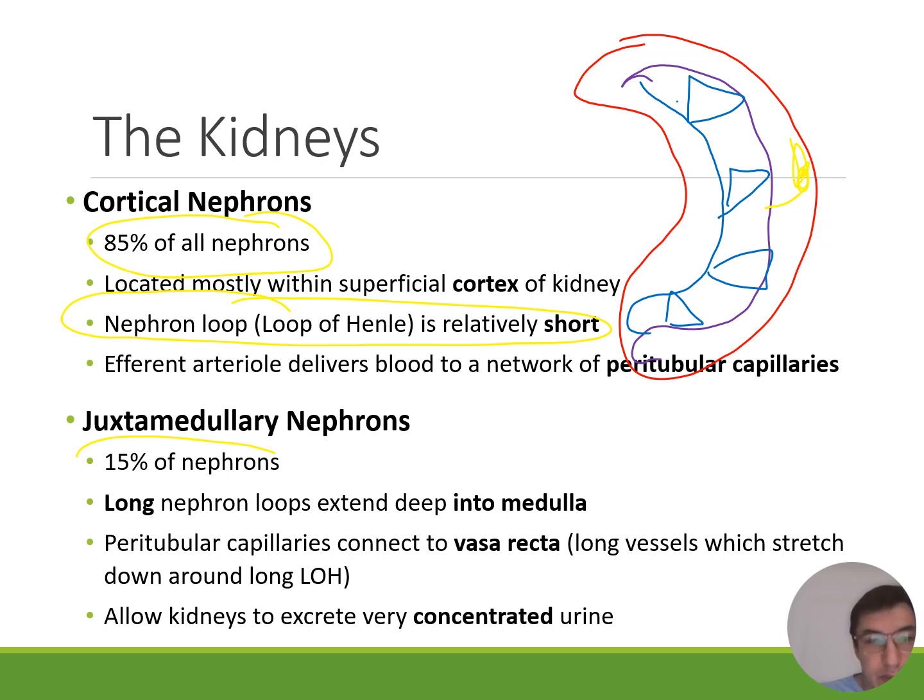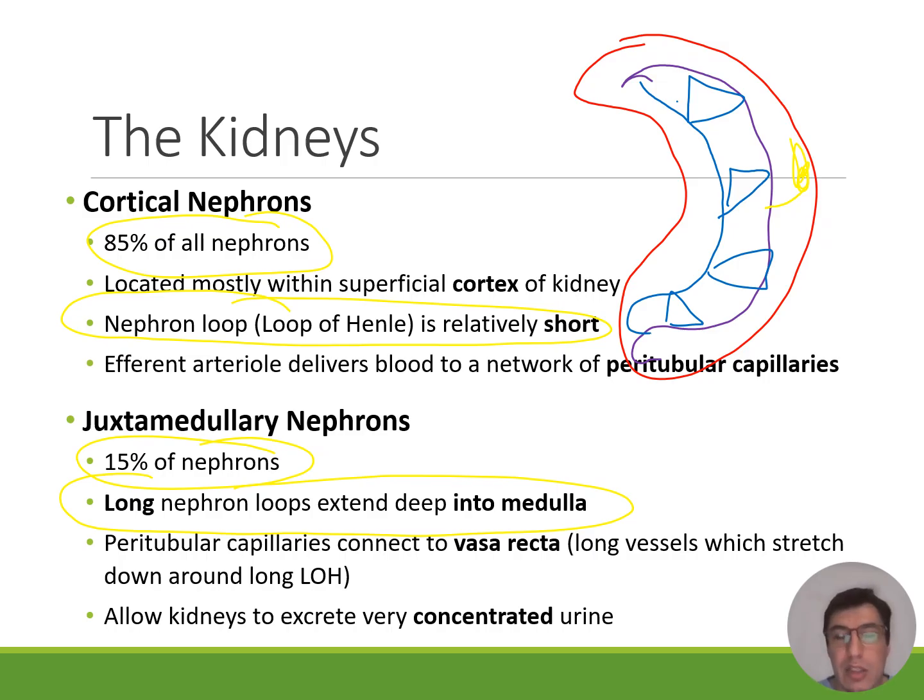There are fewer of them, and they have a nephron loop that extends into the medulla. This is helpful because when you extend that nephron loop into the medulla, we have more capillaries in the pyramid, and it will help with the reabsorption of molecules.